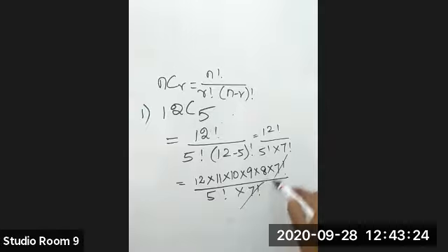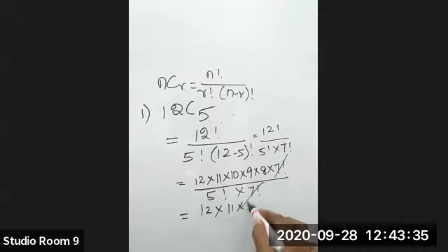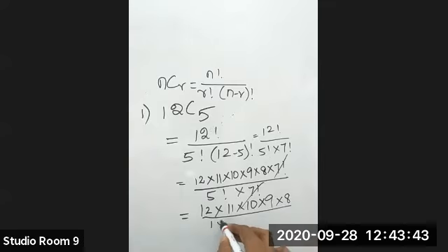So 7 factorial will get cancelled. 5 factorial is there. Achyut, what is 5 factorial? 120. Instead of writing 120, I'm writing 1 into 2 into 3 into 4 into 5, the product of the first 5 natural numbers.